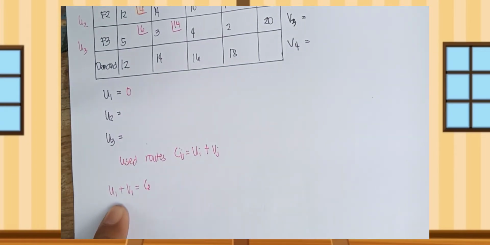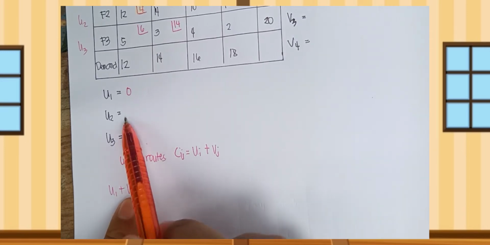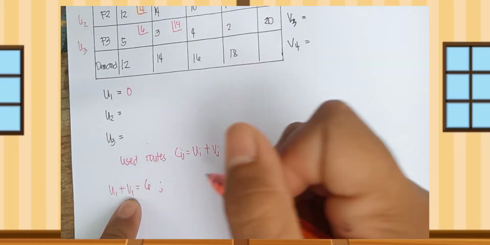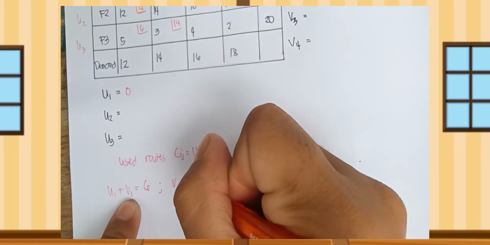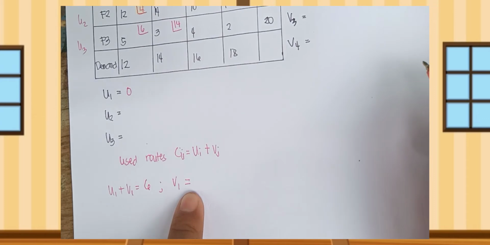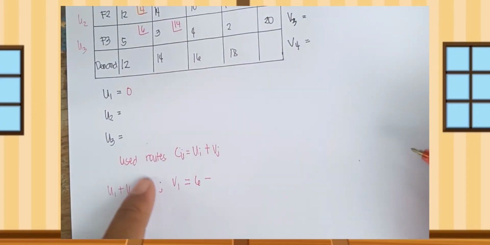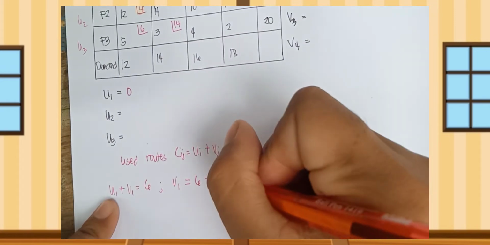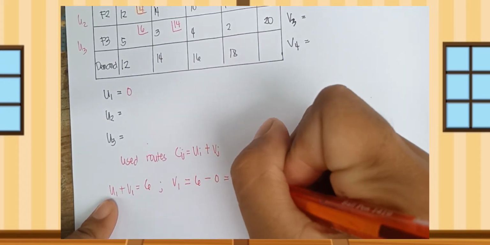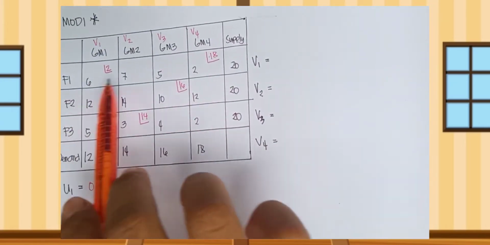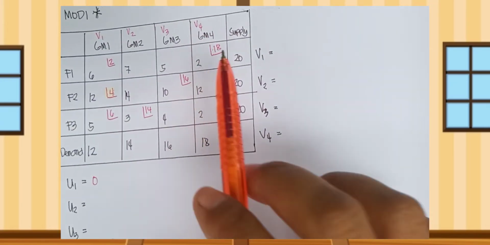So we have a value of U1 which is 0. So we will solve for V1. So V1 is equals to the Cij, which is 6, minus the value of U1 which is 0. So V1 equals 6. Then the next one is U1 and V4.